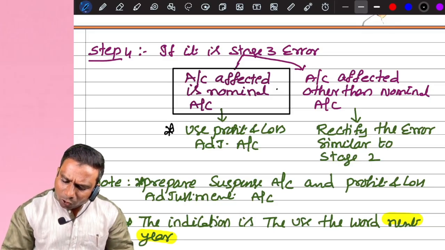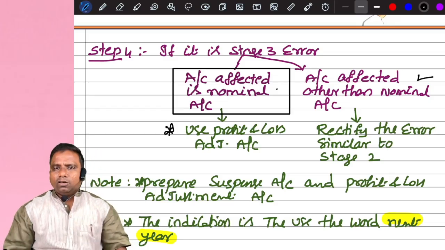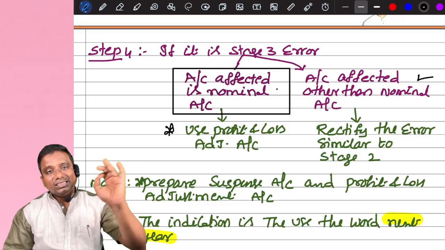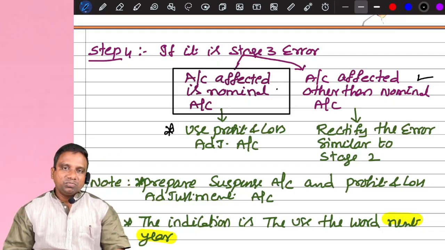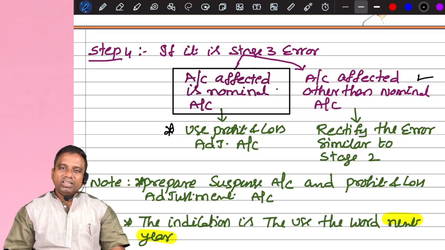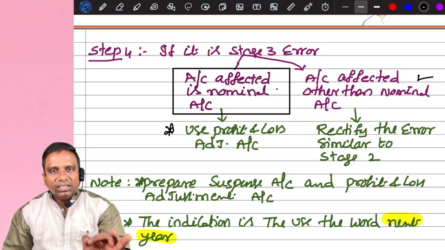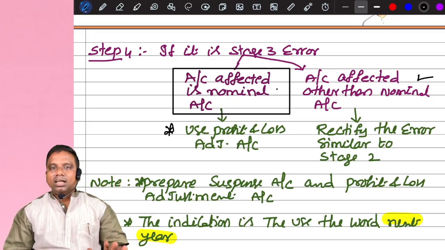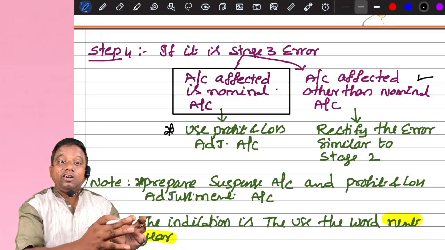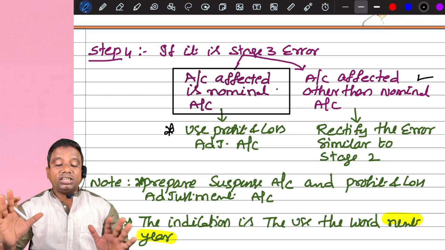If the account affected is other than a nominal account, the rectification is similar to stage 2 rectification. Very, very important: in stage 3, the only concern is to identify whether the account affected is a nominal account, real account or personal account.